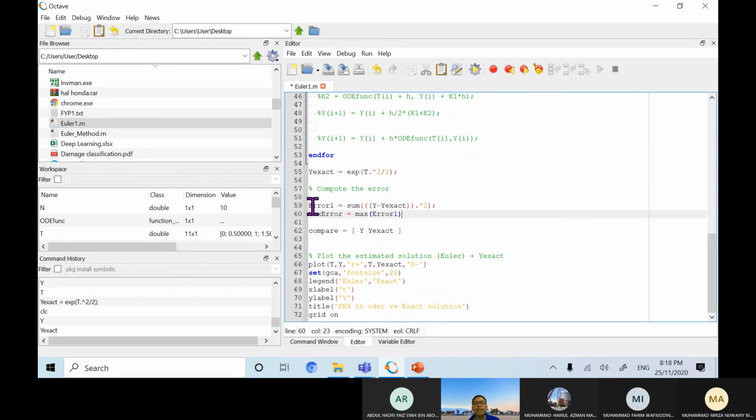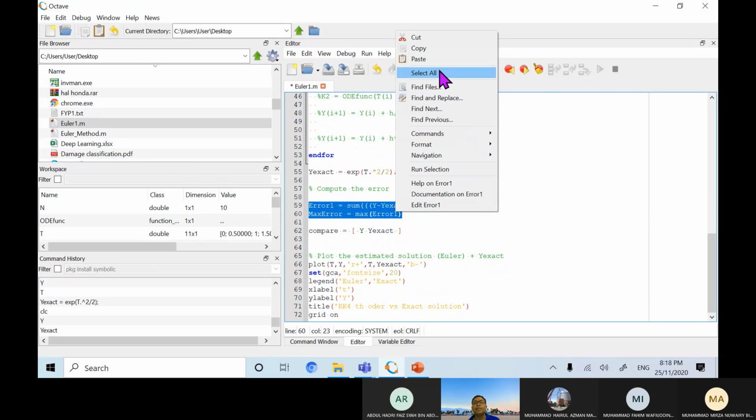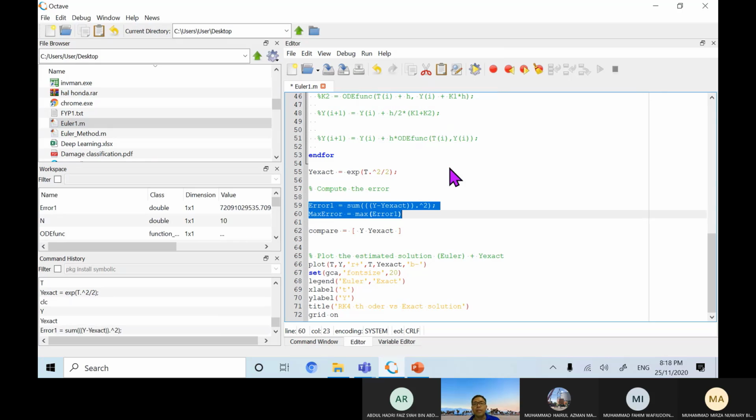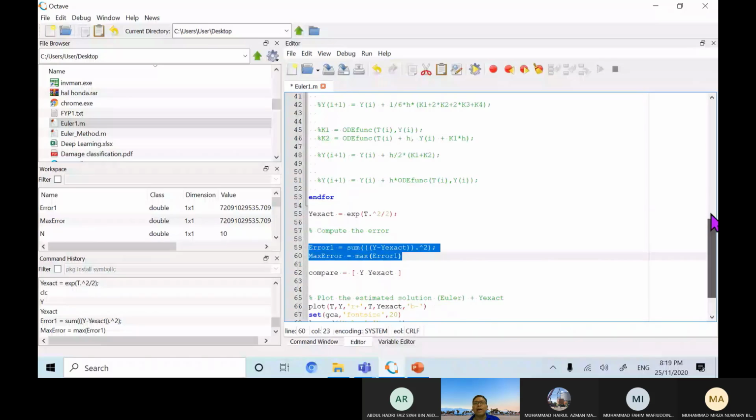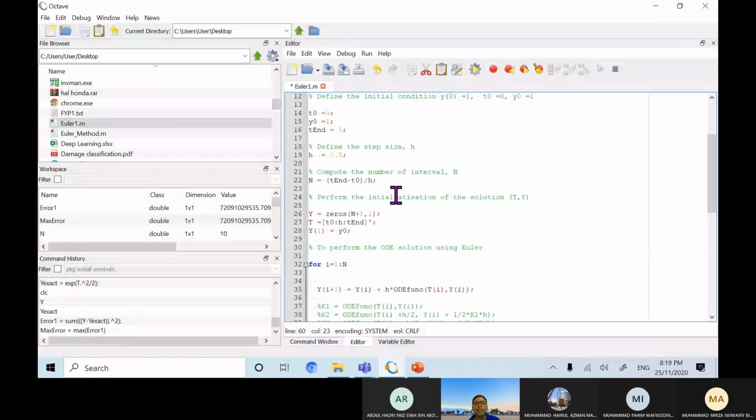So kalau saya run ini, cuba tengok berapa error dia. Saya akan run selection, and you may see that the error is about 72,000. Banyak gila error dia. Maksudnya memang kalau kita guna Euler, based on H 0.5, kalau tak silap saya, mana tadi?